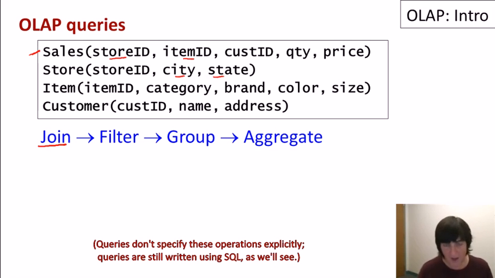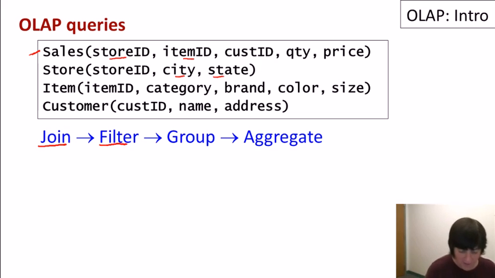So that's the join process, and the query will join as much as it needs in order to do the rest of its work. It might then filter the data. For example, we might decide that in our query we only care about stores in California or customers in California, or we're only interested in shirts, and so on. So they can filter on the dimension attributes after joining, or could filter on the price or quantity as well.